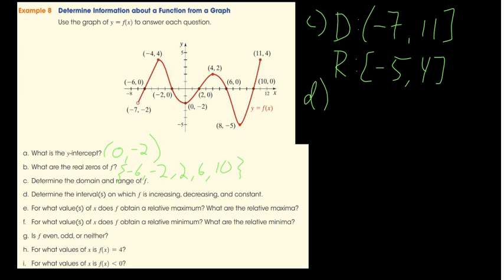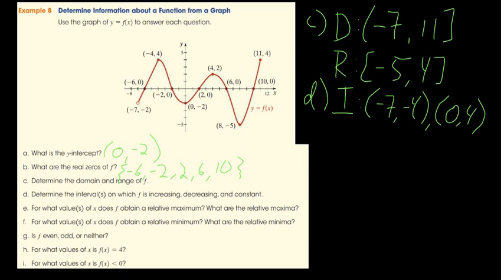We are increasing from, it looks like, -7 up to -4. So from -7 to -4. We're also increasing from, it looks like, 0 to 4.